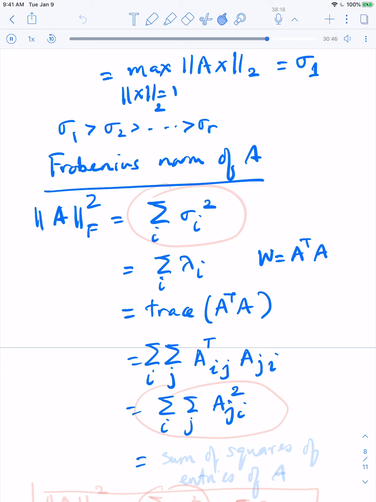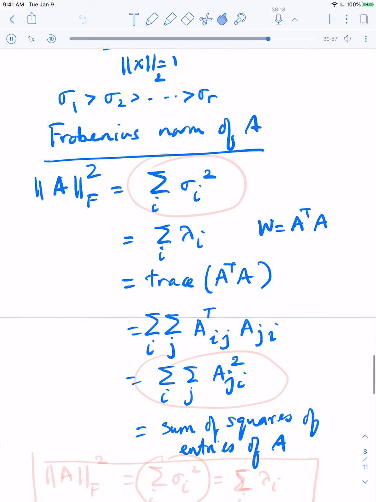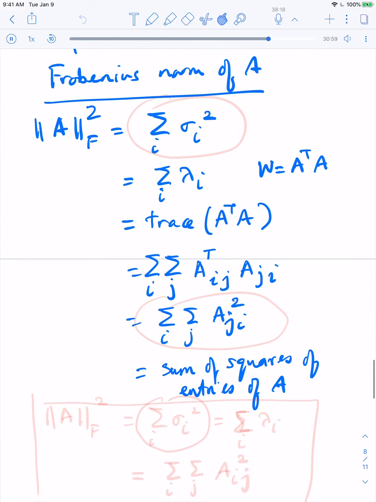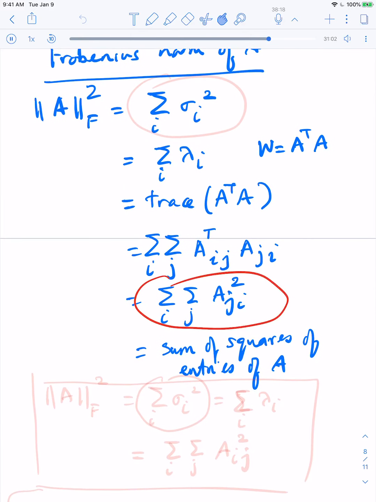And so this is basically the sum of the squares of the entries of A. This is what you might have seen as the Frobenius norm, but really in terms of our geometric interpretation of the sigma i's as the projection of the matrix along these eigen directions, eigen modes, this is the thing that directly establishes the analogy to the L2 norm of a vector.